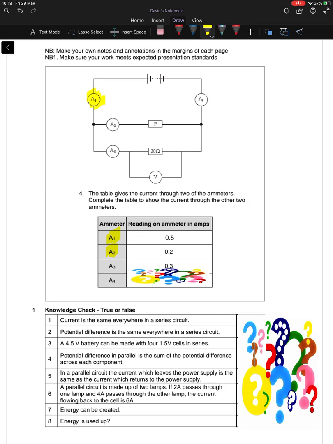It also gives you ammeter 3 by accident. Oh well. So what is ammeter 4 going to be? Bearing in mind, this is parallel. And then have a go at the true and false. Pause the video and have a go at those for me now, and then unpause and we'll go through the answers in a moment.